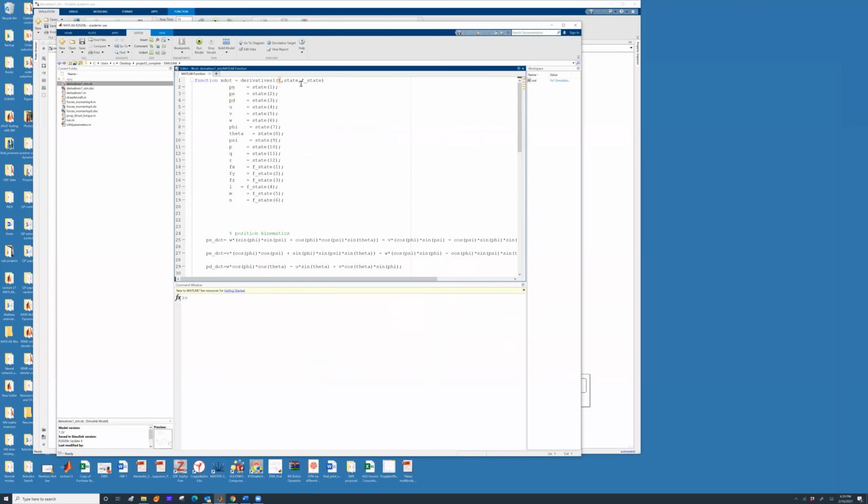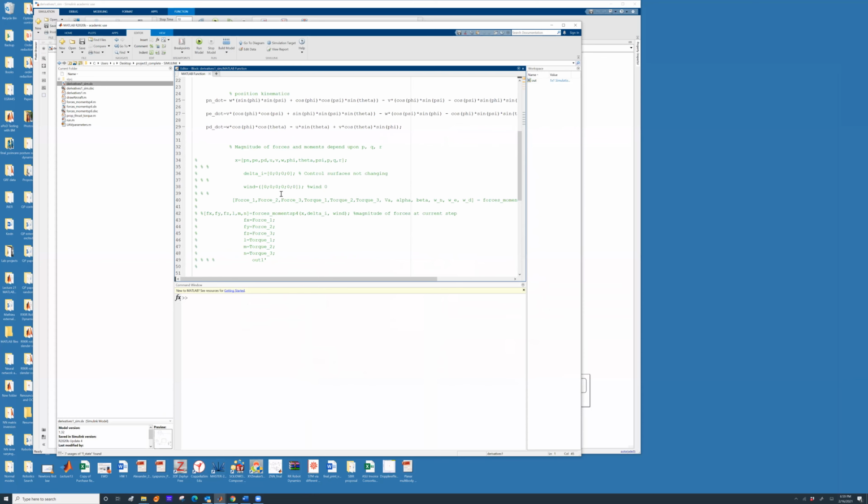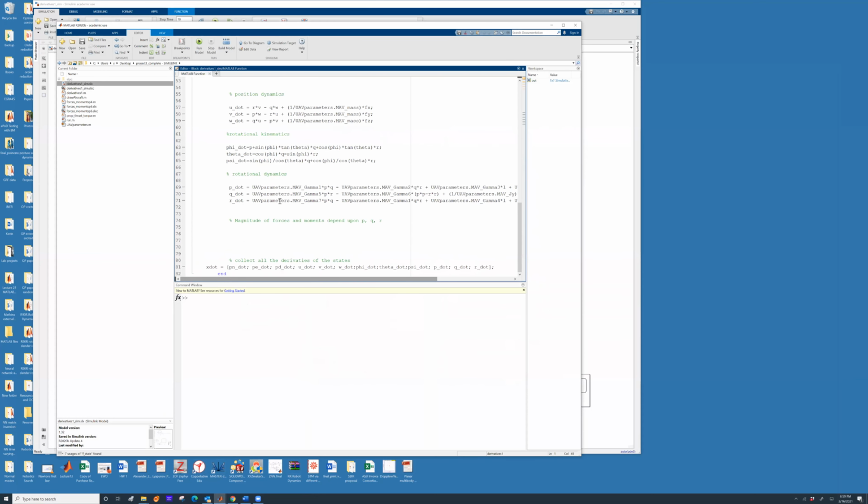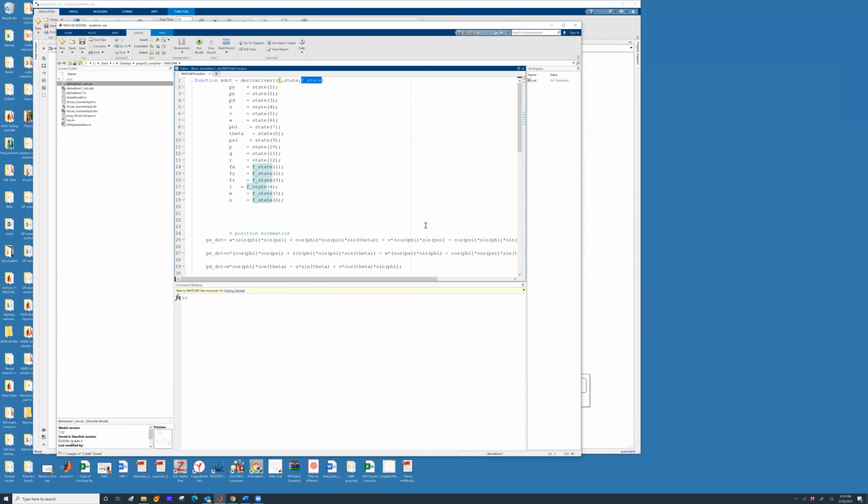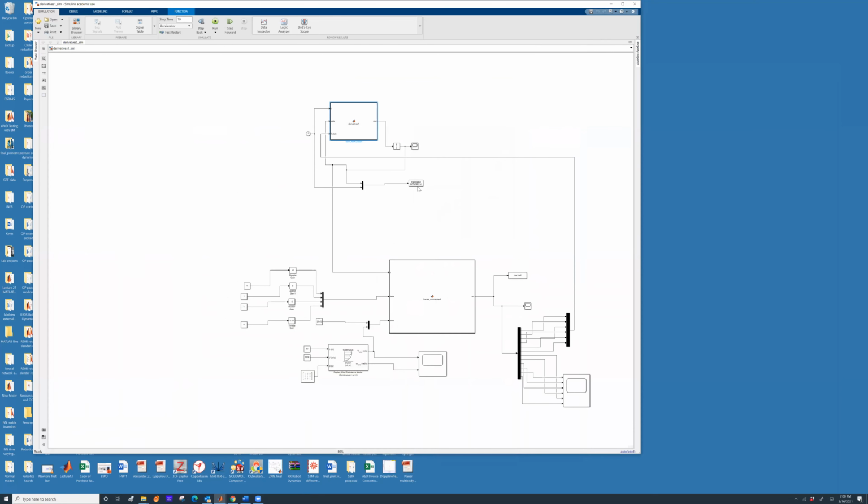We are supplying the external forces that are calculated at runtime. Other than that, this is the exact same code. This derivatives 1 is the same code that we used. Next thing I want to show you, this integrated MATLAB function is the same draw aircraft function that we used.